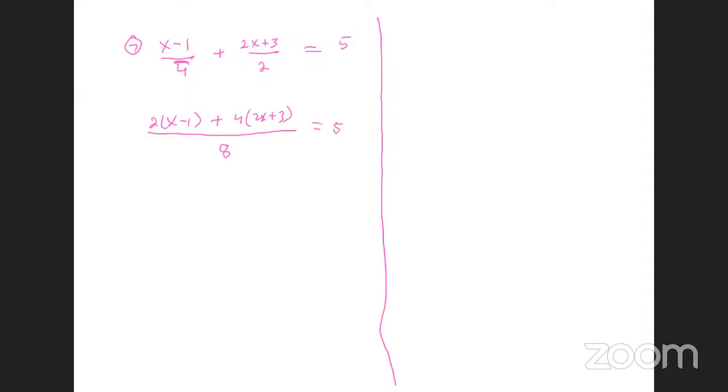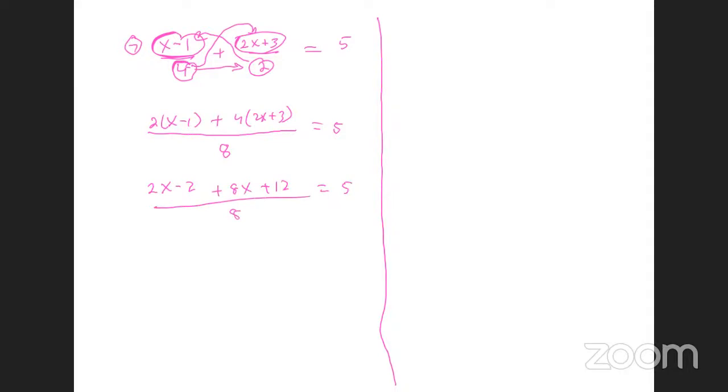So this by this, then this by this, and then this by this. And then work it out. So that'll be 2x minus 2 plus 8x plus 12, all over 8, is equal to 5.